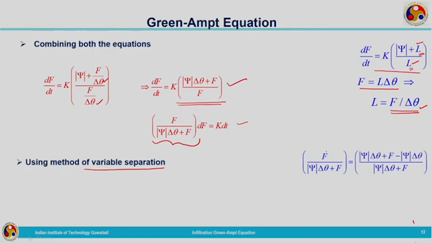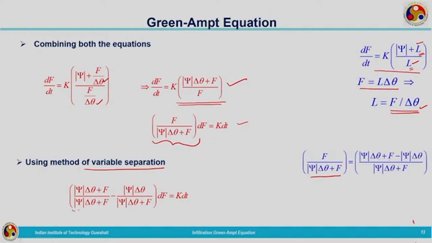So, f divided by psi delta theta plus f is written as, numerator we are making some changes, that is psi delta theta plus f minus psi delta theta. So, this can be written as, substituted over here, psi delta theta plus f divided by psi delta theta plus f minus psi delta theta divided by psi delta theta plus f df is equal to k dt.